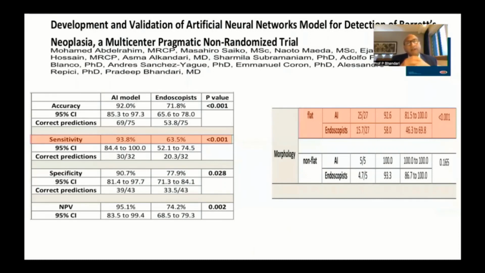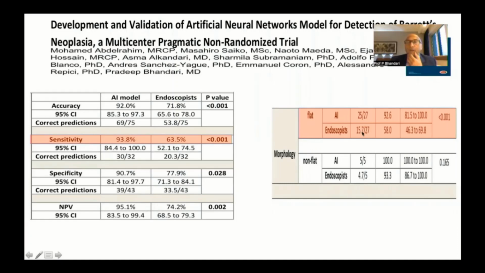This is our data which has just been published in GI Endoscopy, where we compared WISE VISION versus 7 endoscopists who do routine Barrett's surveillance. And you can see the sensitivity of WISE VISION in detecting Barrett's neoplasia is so high as compared to the endoscopists. And similarly, there's a big difference in negative predictive value.